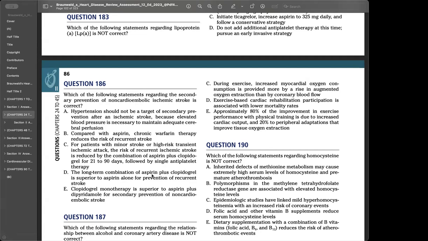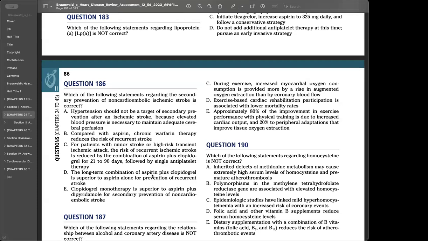We'll come back to that, sir. Option D, the long-term combination of aspirin plus clopidogrel is superior to aspirin alone for the prevention of recurrent stroke. I'll also come back to this. Option E, clopidogrel monotherapy is superior to aspirin plus dipyridamole for secondary prevention of stroke.